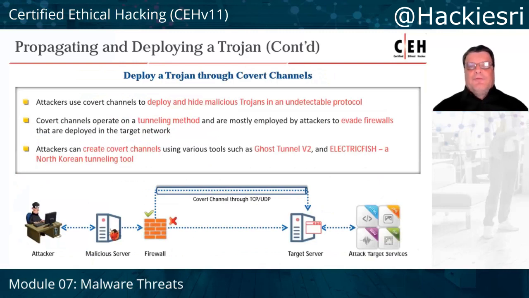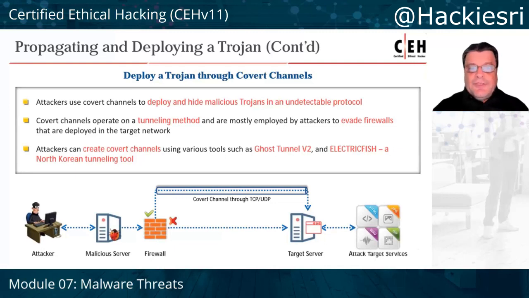Propagating and deploying a Trojan. Continue to deploy a Trojan through covert channels. Attackers can use covert channels to deploy and hide malicious Trojans in an undetectable protocol. Covert channels operate on a tunneling method and are mostly employed by attackers to evade firewalls that are deployed in the target network.